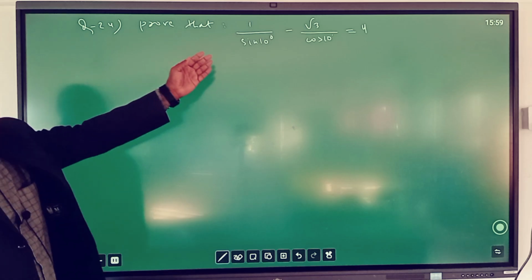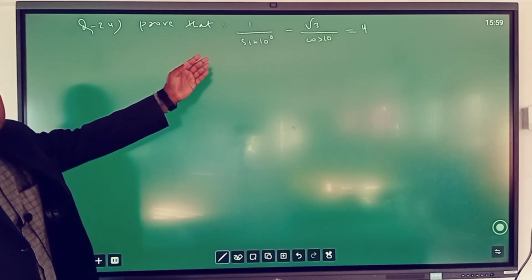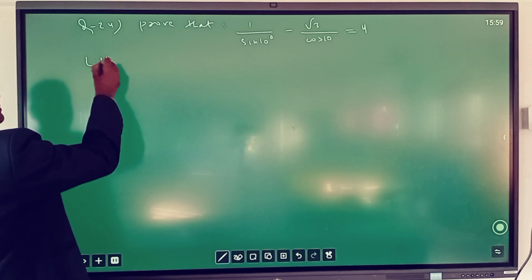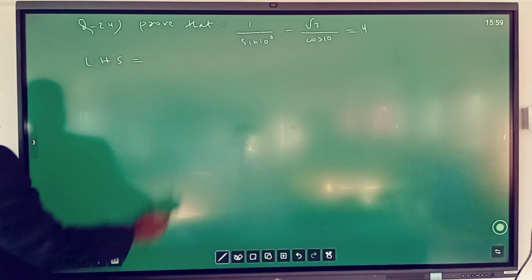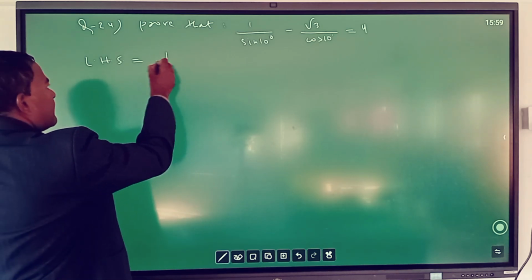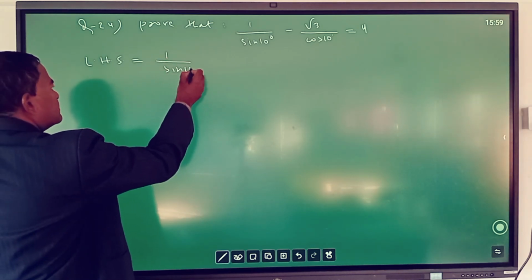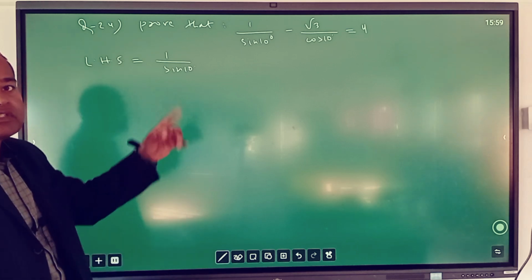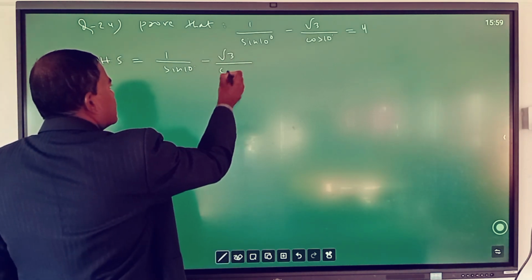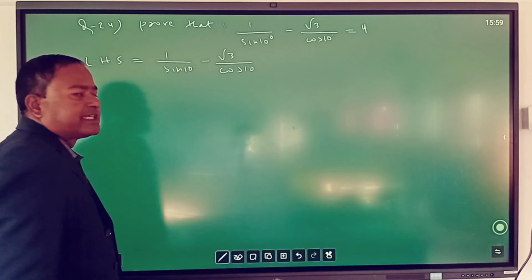Dear student, at first we are going to take the LHS. LHS is equal to 1 divided by sin 10 degree minus root 3 divided by cos 10 degree.